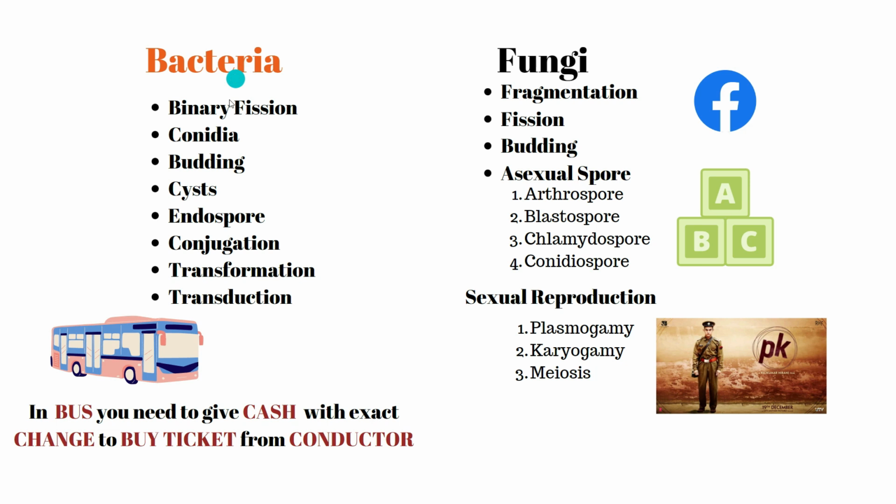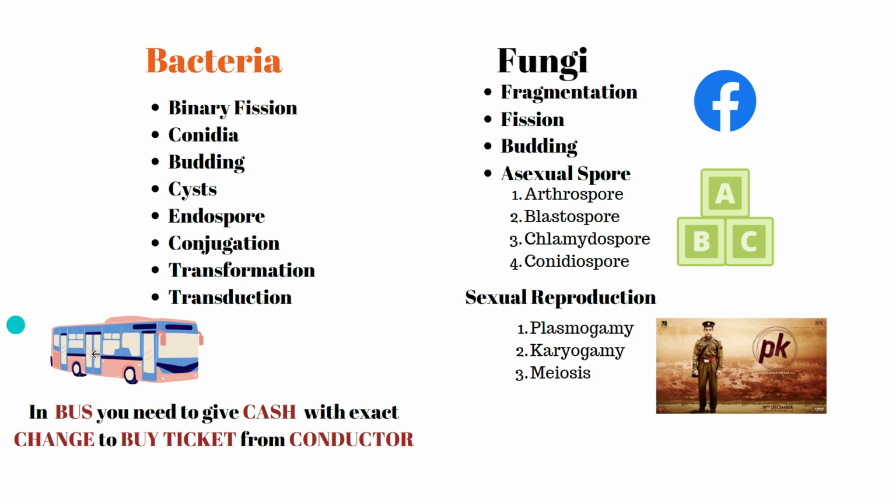The bacteria reproduces by binary fission, conidia formation, budding, cyst formation, endospore formation, conjugation, transformation, transduction, etc. And in fungi, you can see fragmentation, fission, budding, and fungi also reproduces via asexual spore, anthrospore, blastospores, chlamydospores, conidiospores, and via sexual reproduction, plasmogamy, karyogamy, and meiosis.